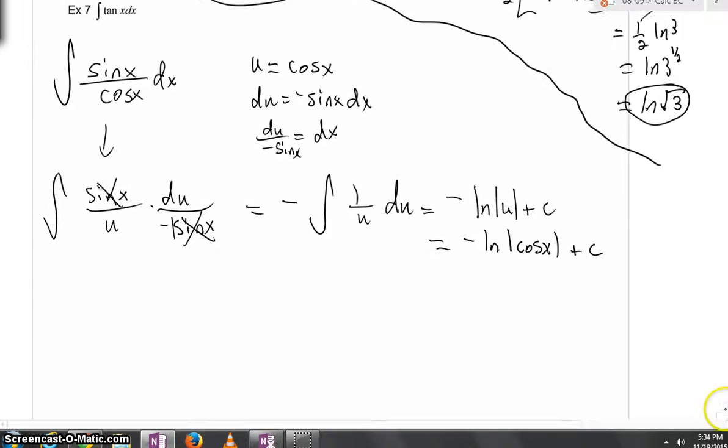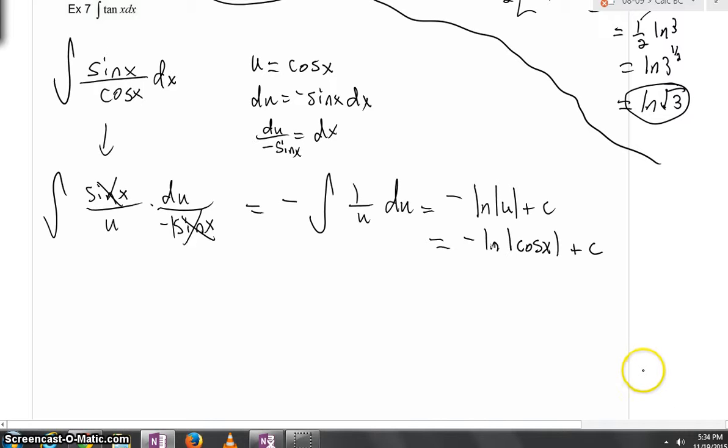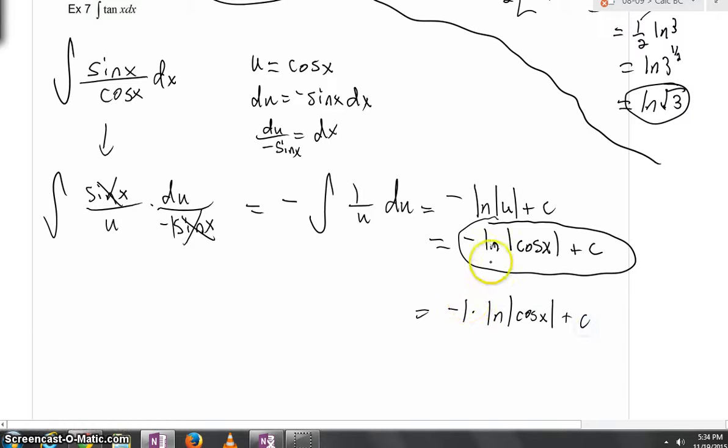If you were to look at the back of our textbook, however, you'll notice that in an integral table, this is not the final answer that might show up. There is an alternate form. Really, this is negative 1 multiplied to the natural log of the absolute value of the cosine. And we can, just like we did in our previous problem, take that power and raise it up.